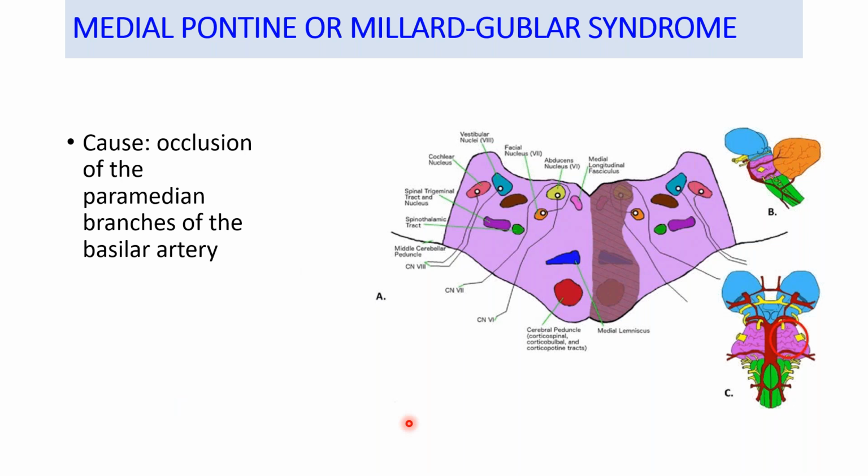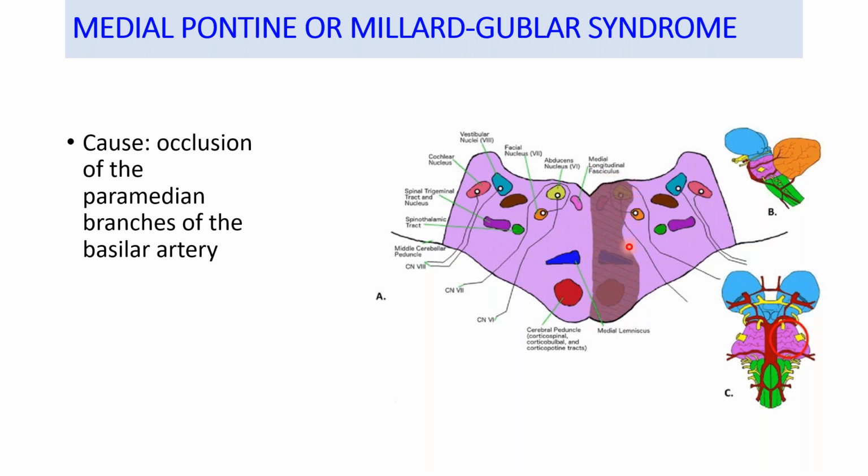Now, as we had seen in the medulla, we did medial medullary syndrome, and then the lateral medullary syndrome. Similarly, according to its location, there are two syndromes in the pons also, that is the medial pontine or the Millard-Gubler syndrome and the lateral pontine syndrome. The distribution of the vessels in the paramedian area is the paramedian branches of the basilar artery running into the basilar sulcus.